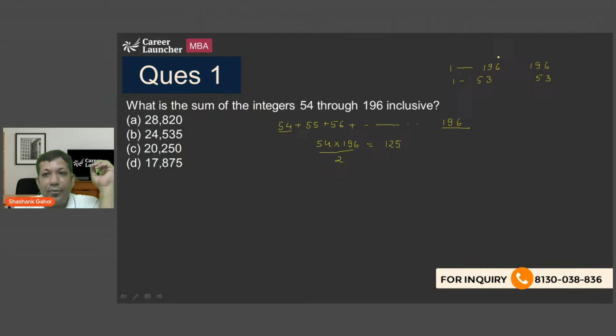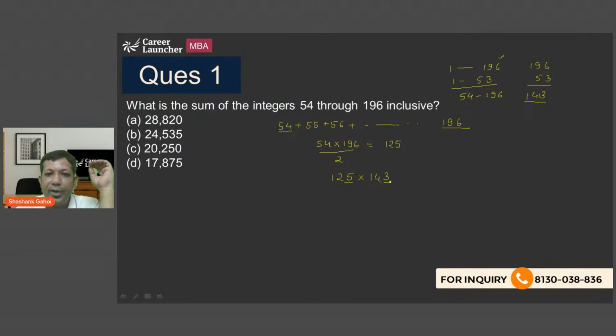Till 196, I am not considering these numbers. So from 54 to 196, both inclusive, how many numbers are there? This is the difference: 196 minus 53, that comes out to be 143 numbers. So the average is 125 and the number of terms is 143.